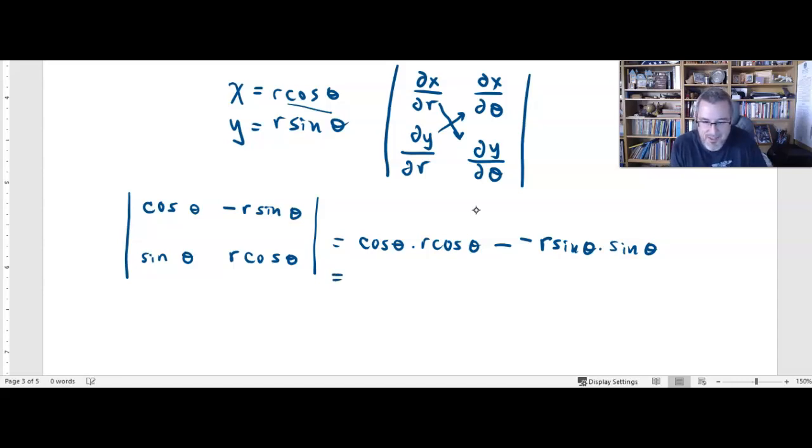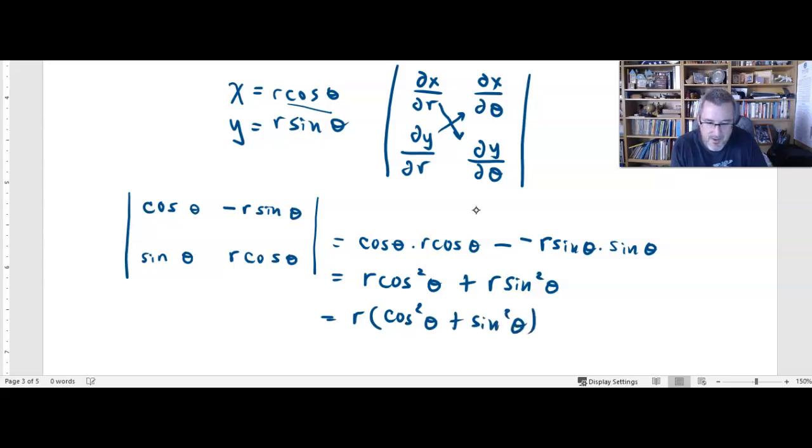So it all comes out to be this. Look, we've got r cosine squared theta plus r sine squared theta. We've got r times the quantity, if we factor out the r, cosine squared theta plus sine squared theta.